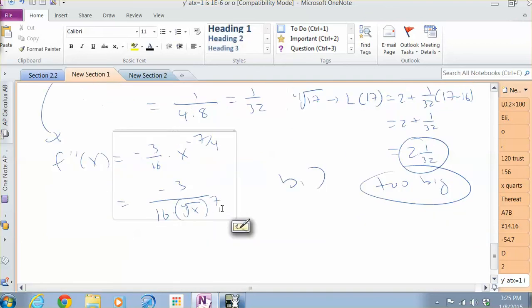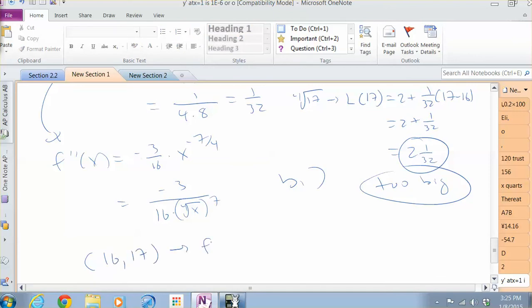Now, if you plug in anything between 16 and 17 in this interval, your second derivative is going to be negative. The fourth root of, say, 16.5 is positive, but you still have that negative 3 up top.